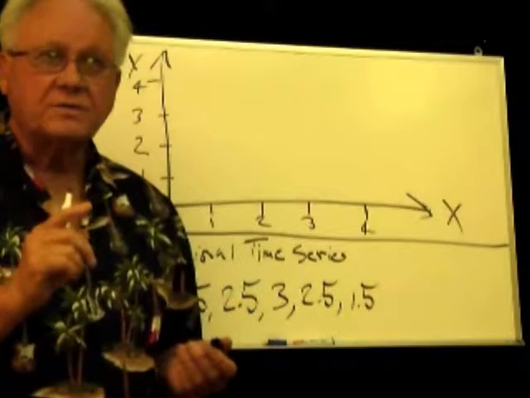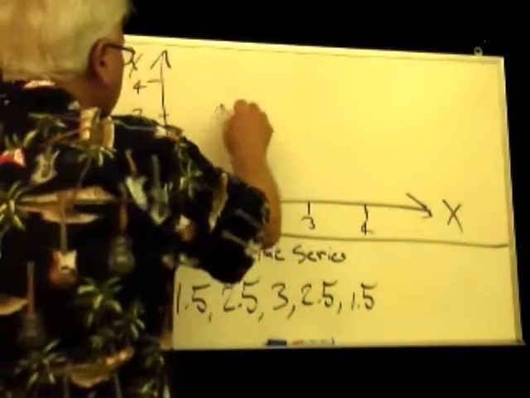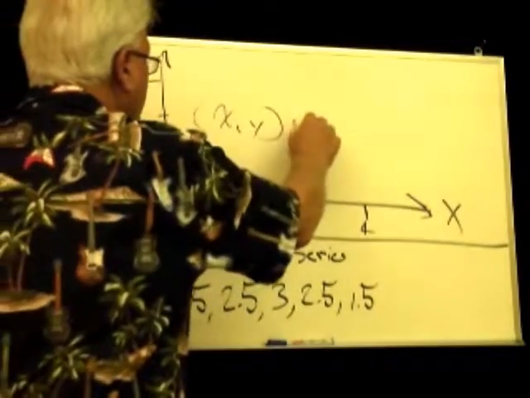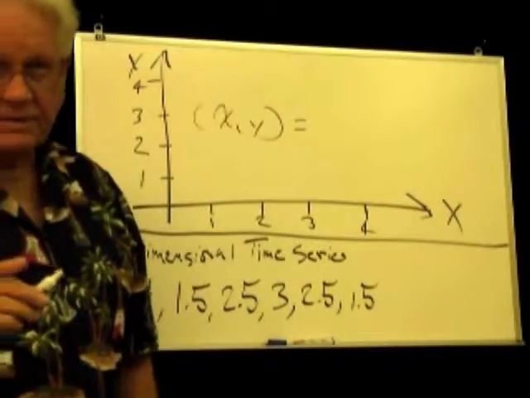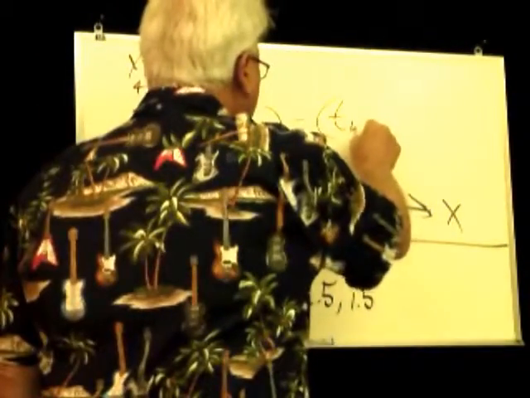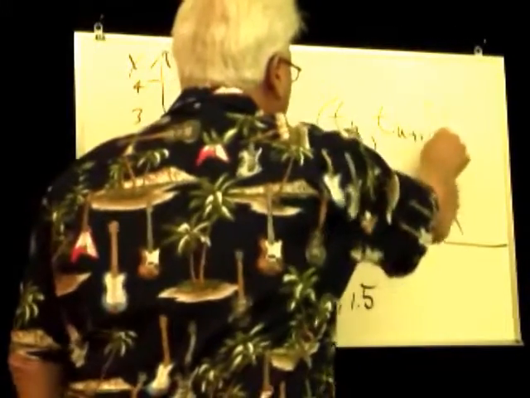Each XY coordinate is going to be like this: here's XY, and what we're going to have is Tn, Tn plus 1.